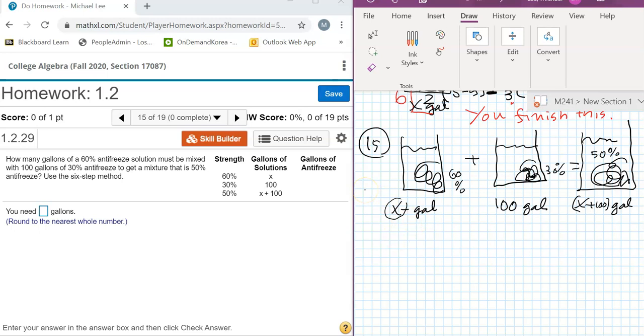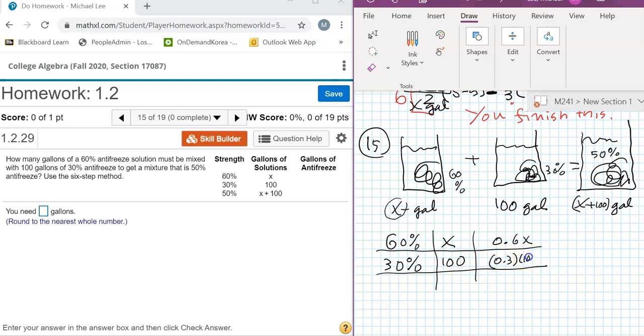So if you look at the table, you get strength 60% of X. So this is 0.6X. This is 30%, 100. You see that? It is 0.3 times 100. Well, I don't even need to bother to write that, right? I can just write 30% of 100 is 30.